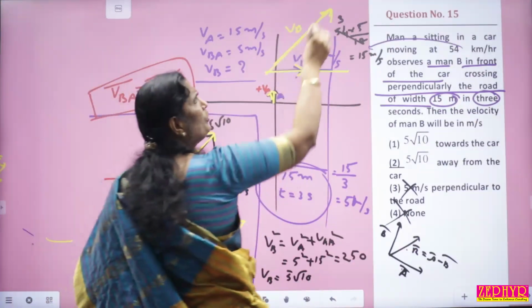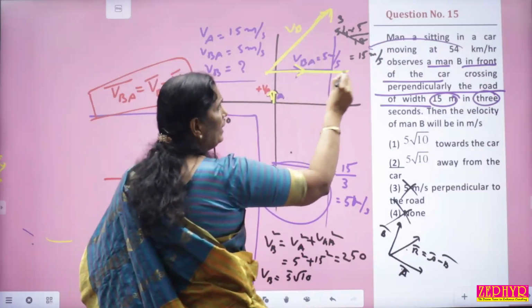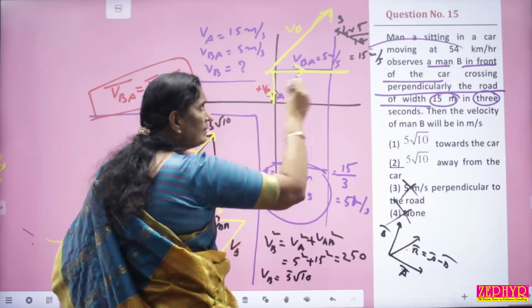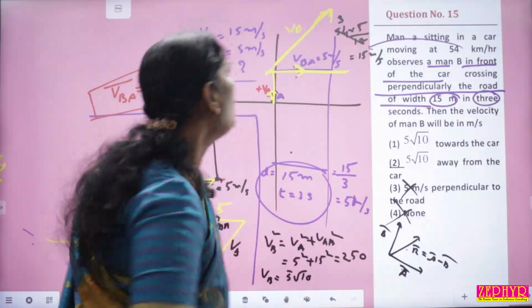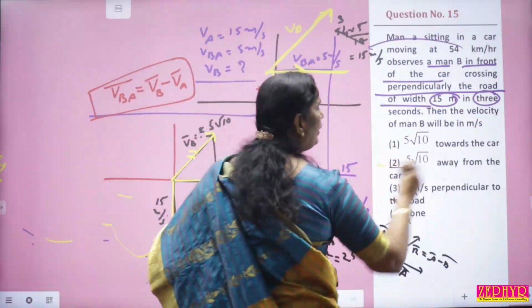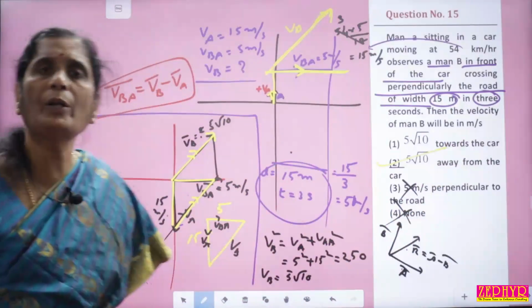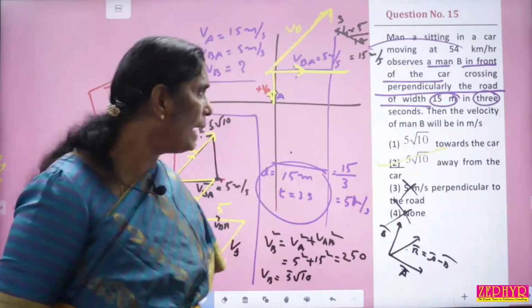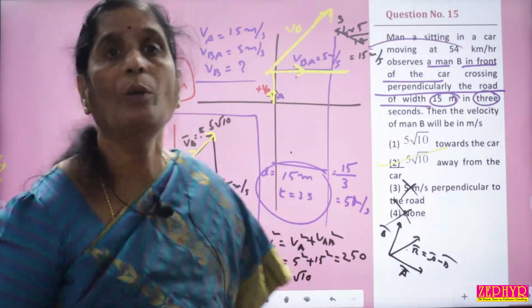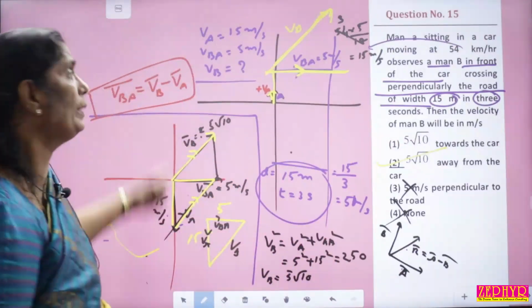If B moves in this way, then the diagonal will be like this. Then A feels that it is perpendicular to the road, like that. So B is moving away. So moving away only is the answer. We only have to take the second part. From the diagram only you can tell the values. From the diagram only you can tell the directions. So minus of the VA diagram. Like that you have to do.